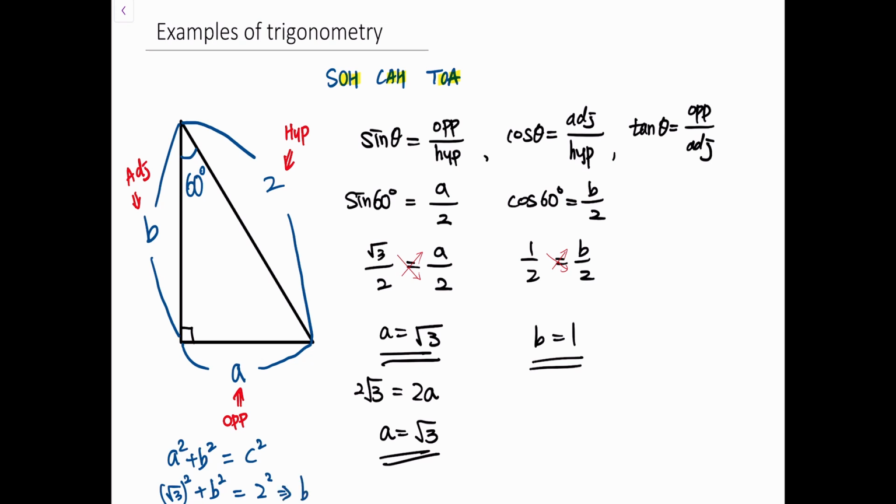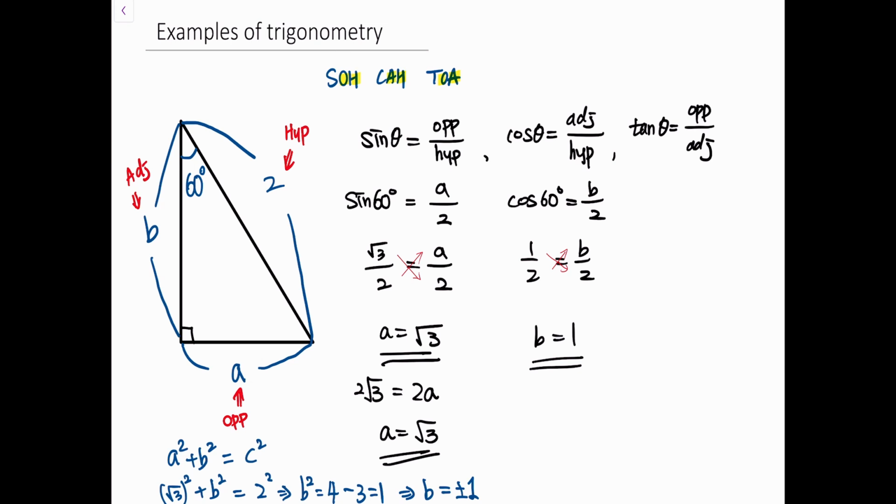So B squared is equal to 2 squared, which is 4, minus rad 3 squared, that is 3, so minus 3, that is equal to 1. So the B value is equal to plus or minus 1, but the length cannot be negative, so we take the positive value, which is 1.